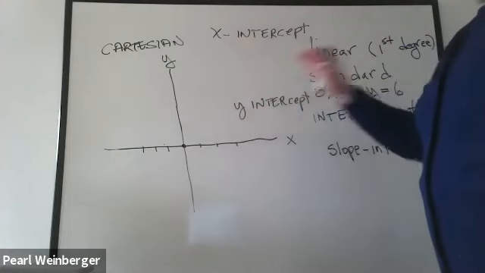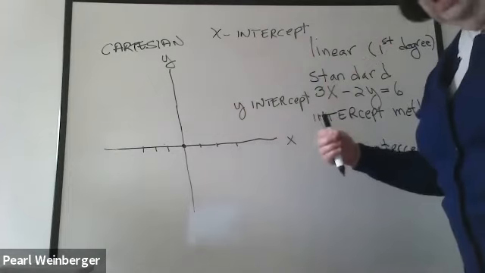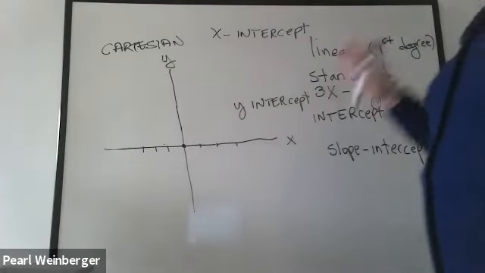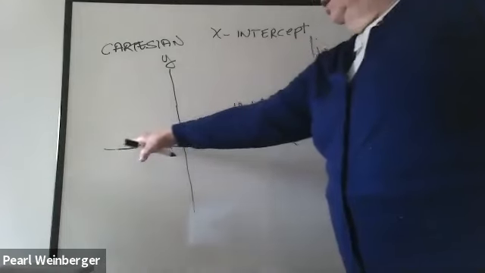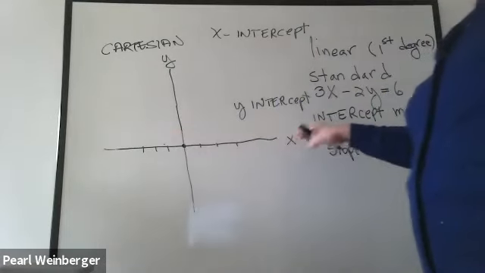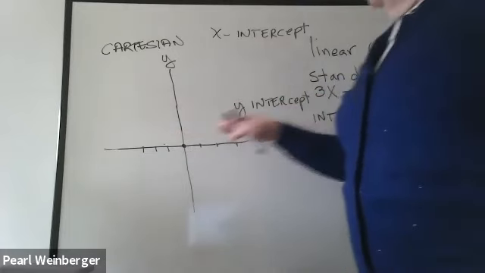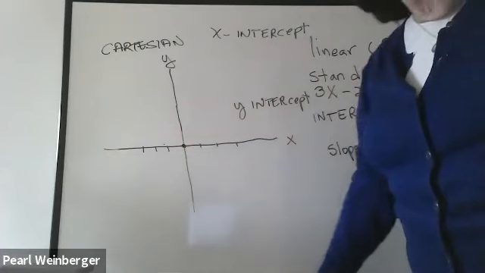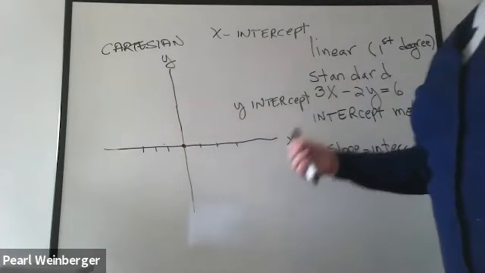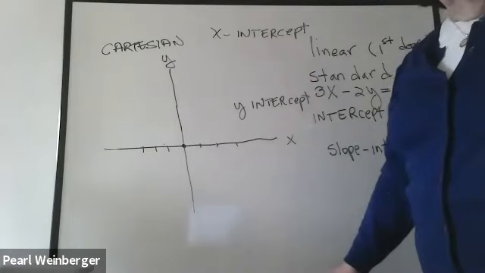The y-intercept is the point where the line is crossing the y-axis. Now let's think about a point. What do we know about the points on the x-axis? The x value could be any single number, but the y value has to be what? What does the y value of a point on the x-axis have to be?